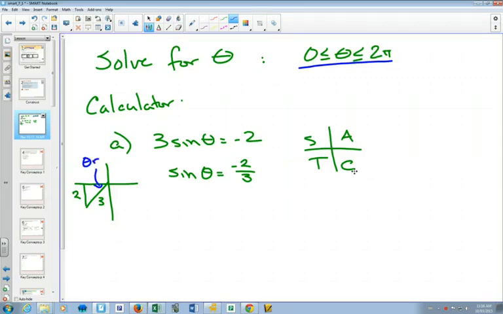Now, whenever I label my triangles, I always use positive values because that's a triangle and those are its actual lengths on that triangle. Some people like to add a negative in front of the 2 because it's going down, but I like to use the positive values because when you find your reference angle it's always positive.